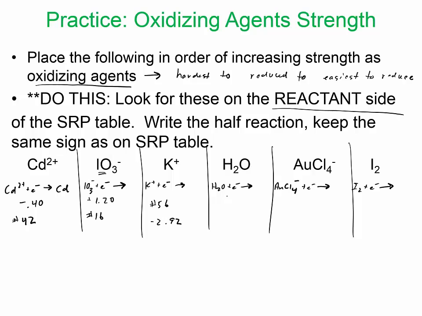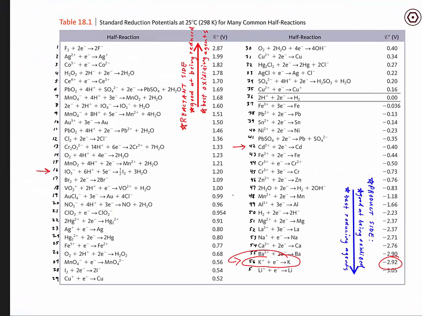The H2O is kind of interesting because you'll see a lot of waters on the SRP table, but those are just reactions that need to happen in an aqueous environment. So we want to find the one that just has water and electrons on the left. It happens to be number 47, with just electrons and water on this side.